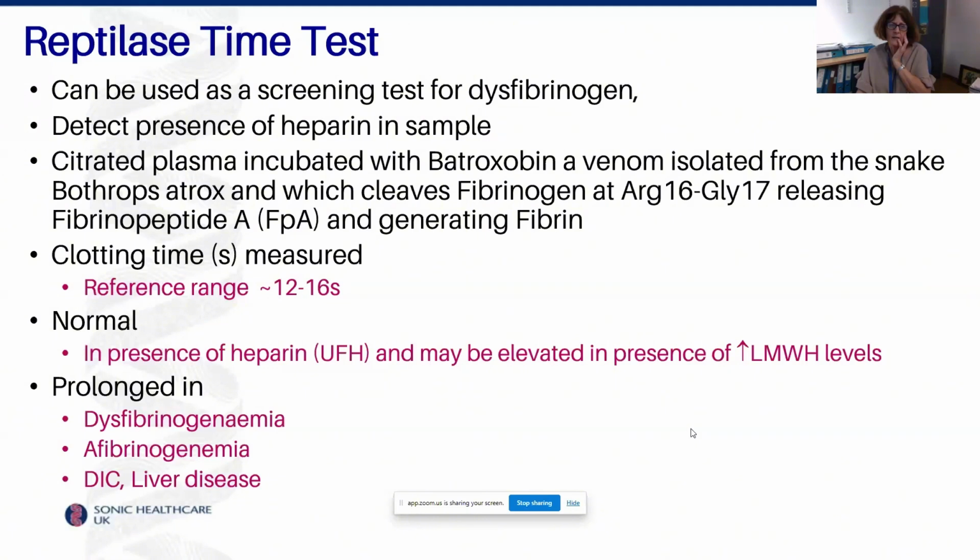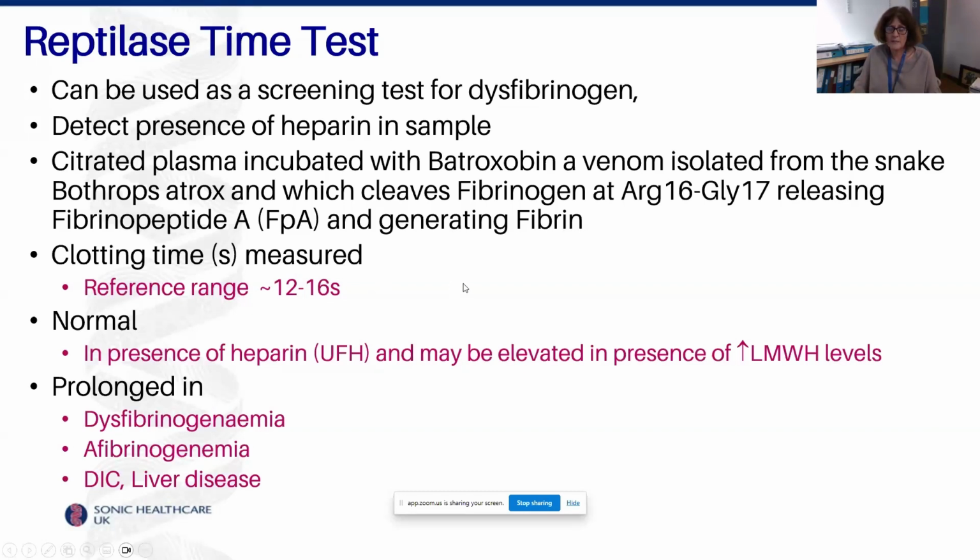Then we have another test called the reptilase time test, which can help differentiate those samples which have heparin present. This test uses a snake venom called batroxobin venom, which directly cleaves fibrinogen at a certain site, releases fibrinopeptide A and generates fibrin, the fibrin clot.